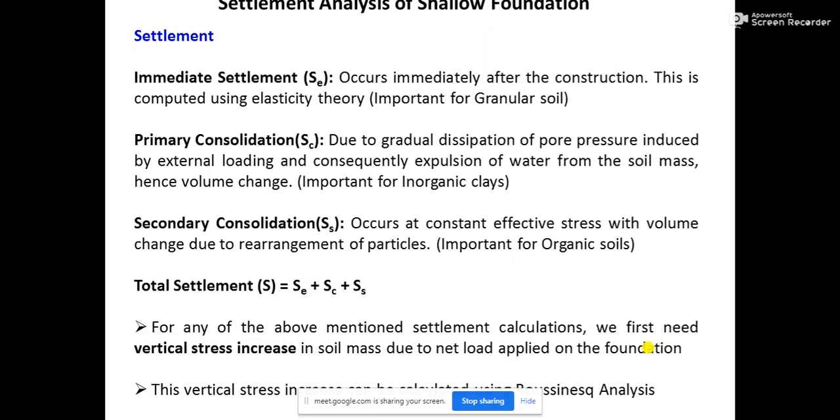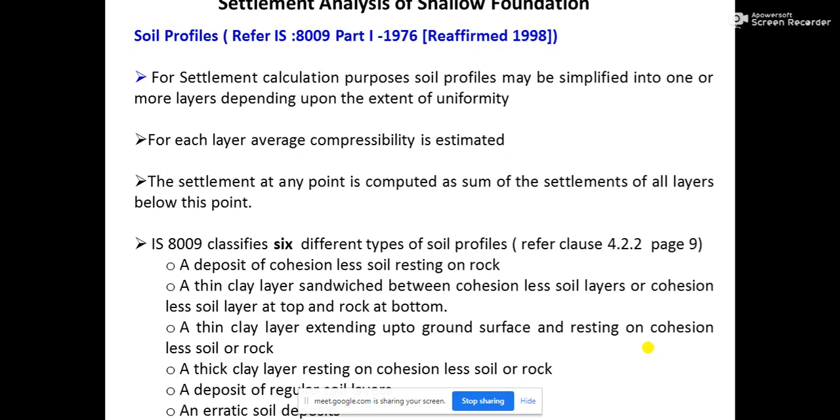Now next is, in case of Indian Standard Code 8009, for the settlement calculation purpose, what has the Indian Standard Code done? IS 8009, 1976, Part 1, which has been reaffirmed in 1998.